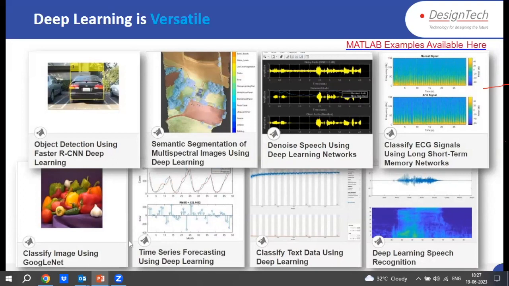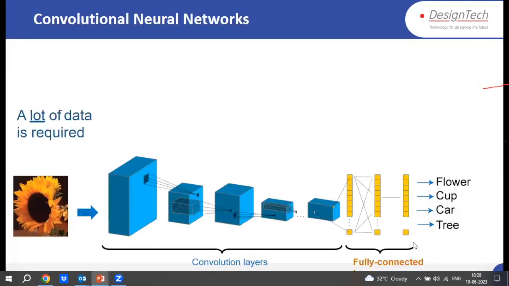You can classify ECG signals or classify images. Depending on your application area, you can classify different types of images. Further, we can use deep learning for time series data also. In the next section, we will see one such approach, called the LSTM algorithm. So these are the application areas.